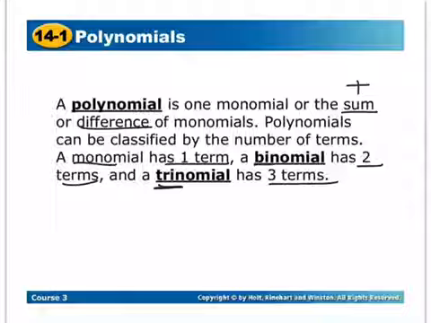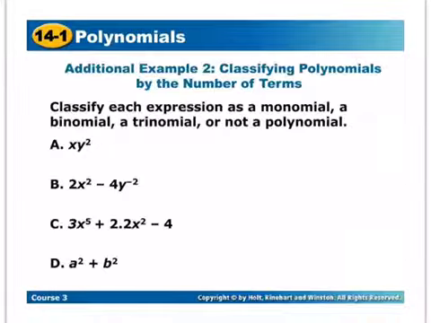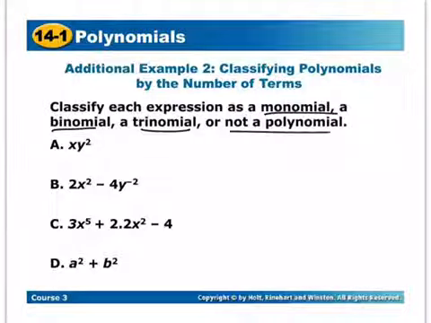Okay, so let's see if we can classify these as a binomial, a monomial, or a trinomial, depending upon the number of terms. In this one, it says classify each expression as a monomial, binomial, trinomial, or not one. All those reasons why it might not be a monomial would also cause it not to be a polynomial.